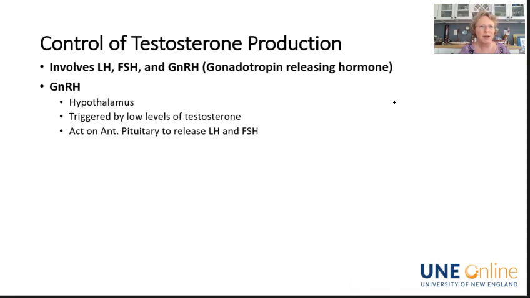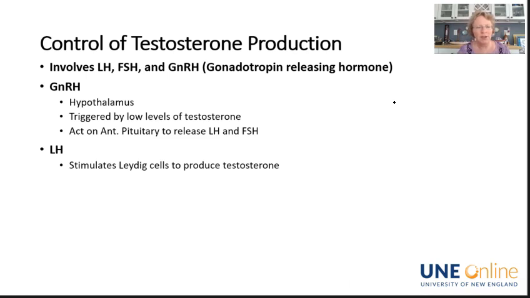The hypothalamus produces gonadotropin releasing hormone. And this increased production of gonadotropin releasing hormone is triggered by low levels of testosterone. So you can see there's a negative feedback loop happening. And gonadotropin releasing hormone acts on the anterior pituitary to release LH and FSH.